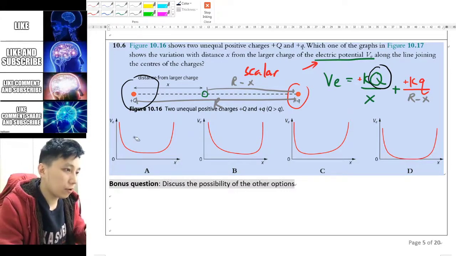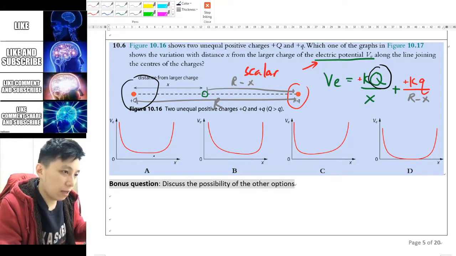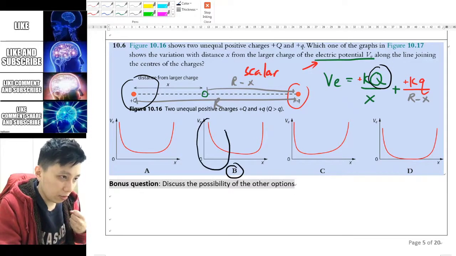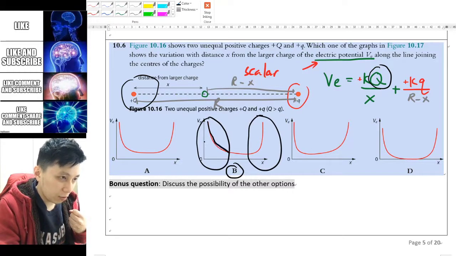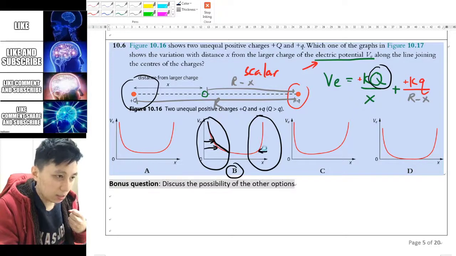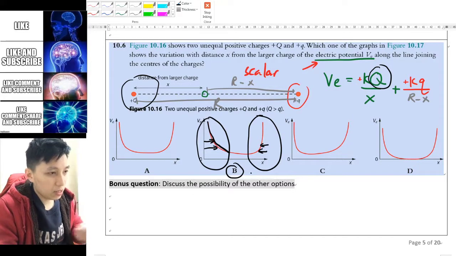Therefore, when you compare left and right, B should be the correct answer, because the left hand side will give you a greater value, right? While the right hand side is rather less. So B is the correct answer here.